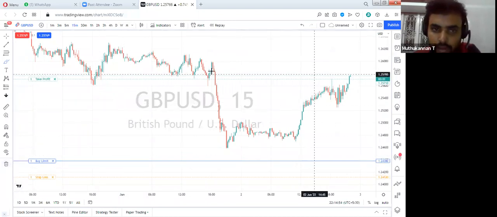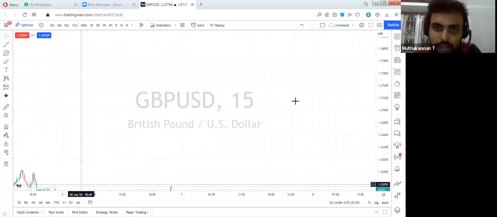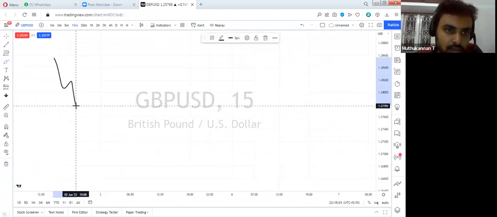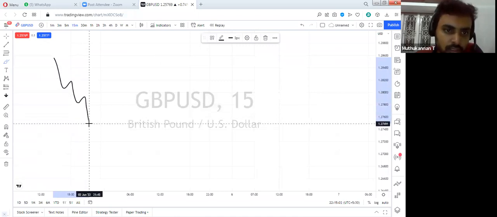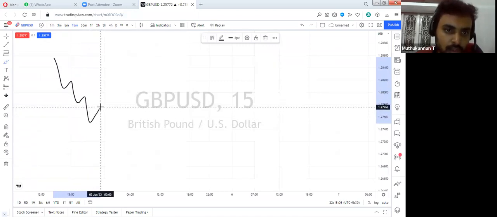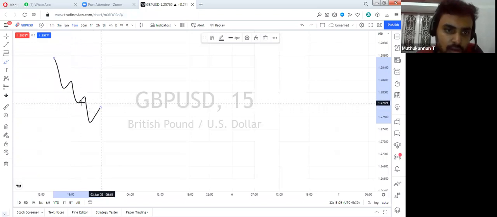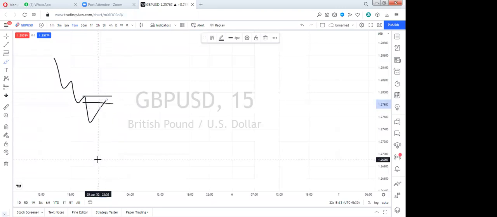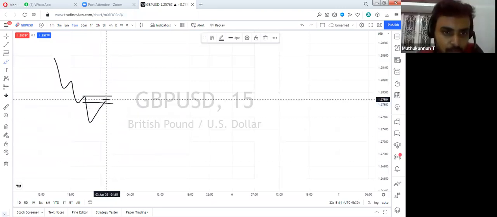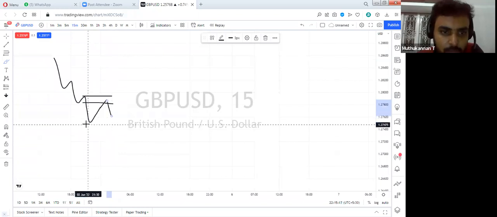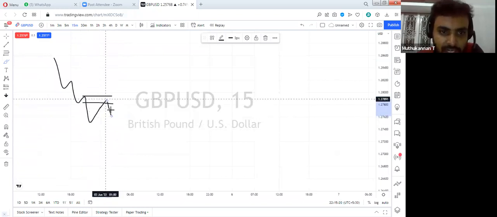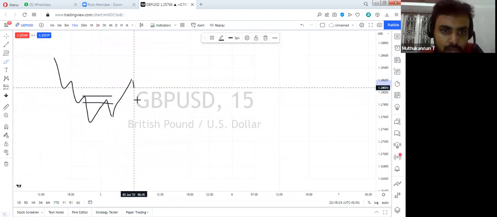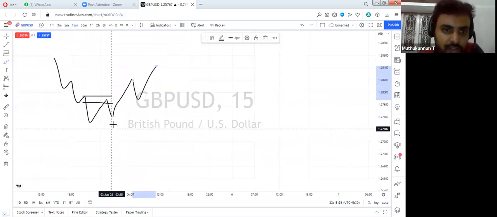Let me tell you about the order block, the mitigation block. So in a mitigation block, how it will work: downtrend, and this is my order block. The order block is respected, but it did not break the low. It retraced and went up.